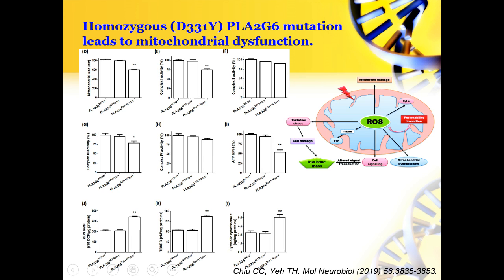Intracellular ATP level was reduced in the substantia nigra of homozygous D331Y knock-in mice compared to wild type or heterozygous mice.